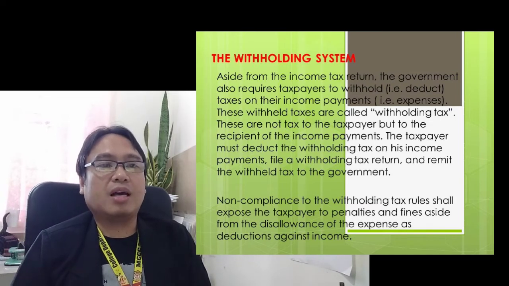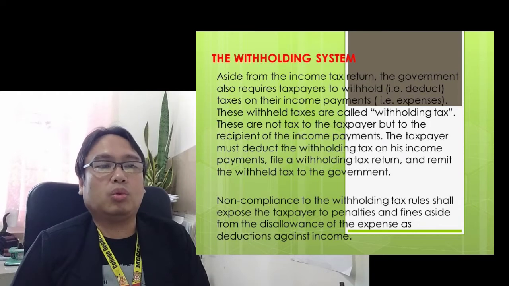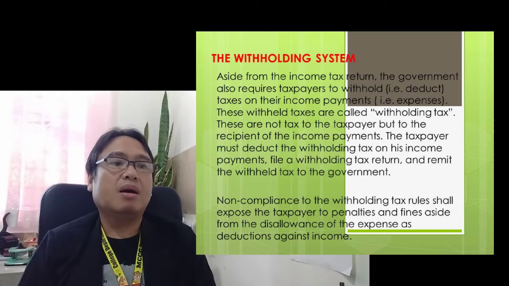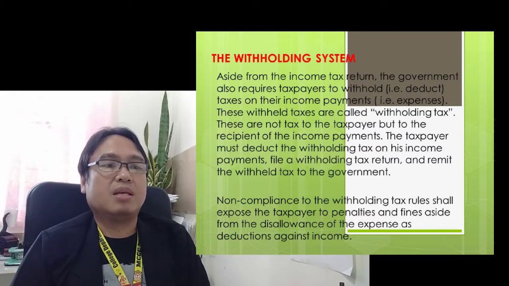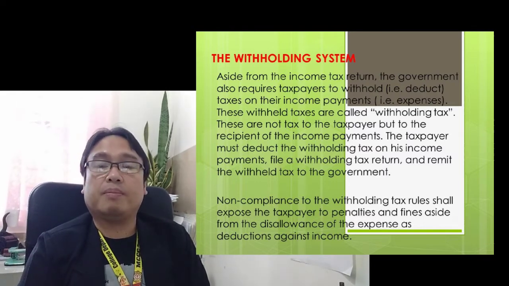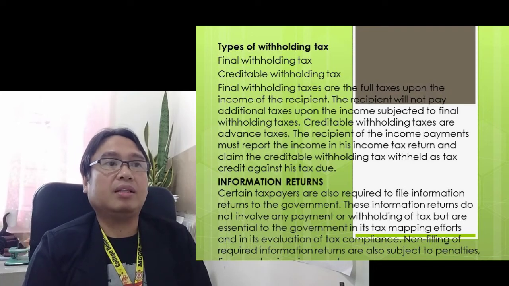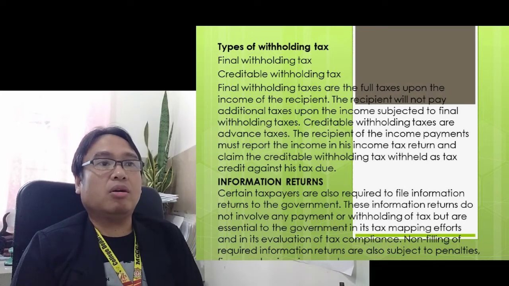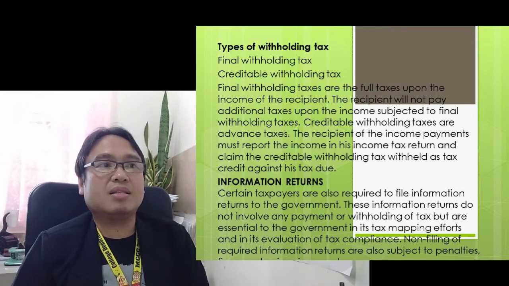Non-compliance with the withholding tax rules shall subject the taxpayer to penalties and fines aside from the disallowance of the expenses as deduction against income. Types of withholding tax: the final withholding tax and creditable withholding tax. Final withholding taxes are the full taxes upon the income of the recipient.